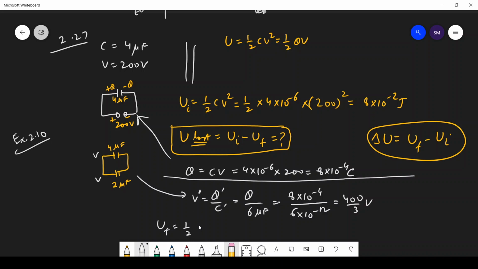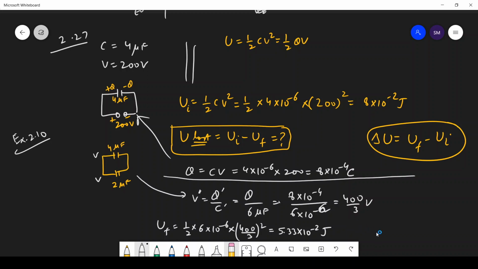So half, and C is here this 6 microfarad, so 6 into 10 raised to the power minus 6, into V squared, so 400 upon 3 whole squared, right? And this comes out to be 5.33 into 10 to the power minus 2 joules. So students, this is the final energy.